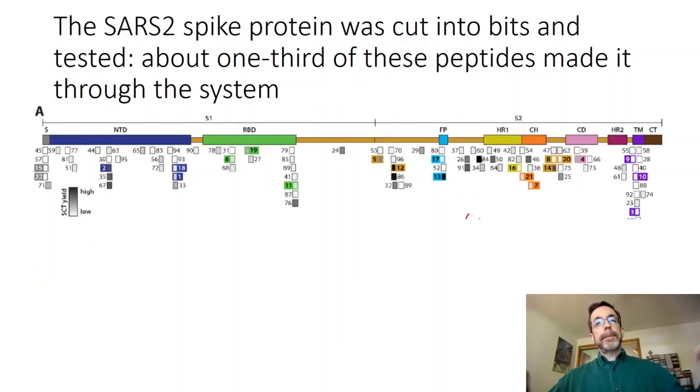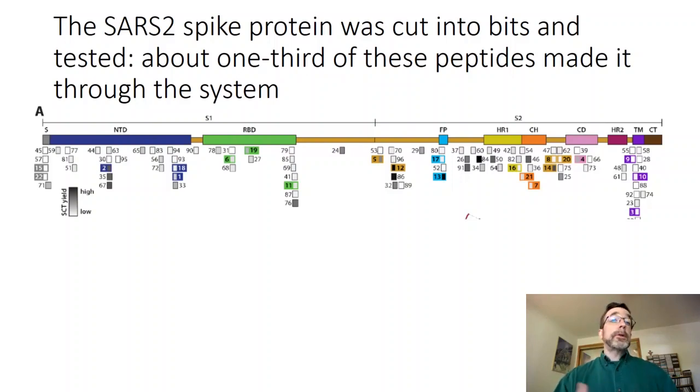This is the whole spike protein, and they only tested a subset of it. You can only do so much. They made about 100 different single chain trimers, and overall about a third of them worked well enough to get results from. So we have to realize that if we didn't get results for certain things, it's possible that it works in a natural system. It just didn't work in their artificial system.